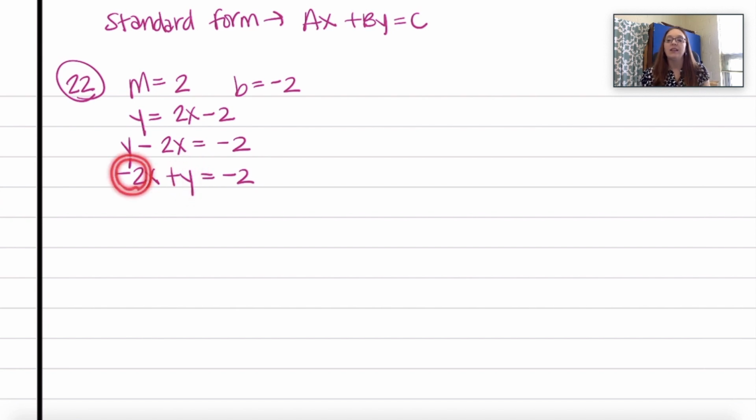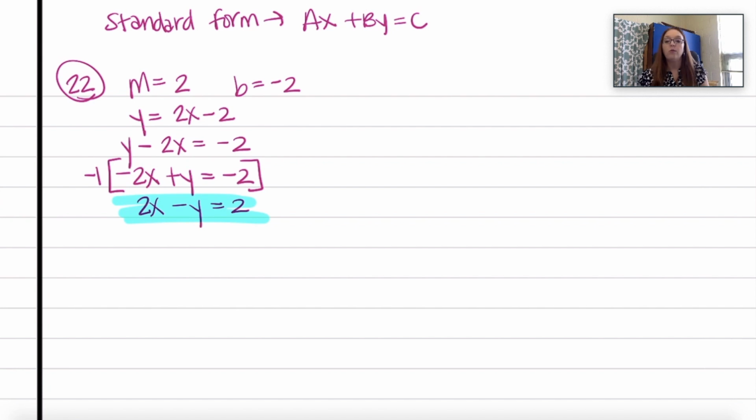So I need to make that not be a -2. And the easiest way to do that is to multiply it by -1. But if I multiply one term in this equation by -1, I'm going to have to do it to all the terms. So I'm going to multiply the entire equation by -1, which really just changes the sign of everything.